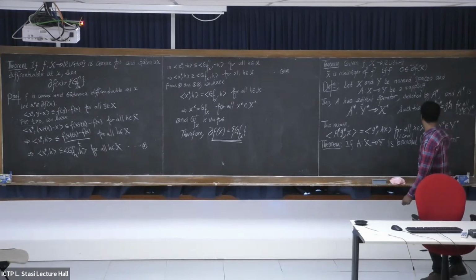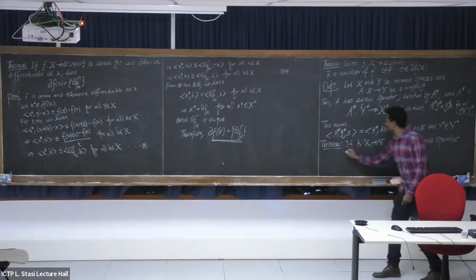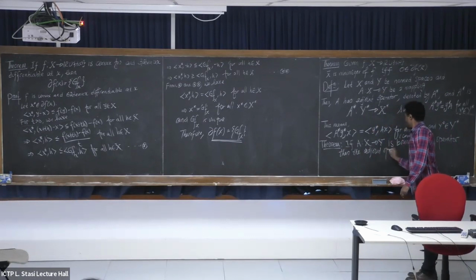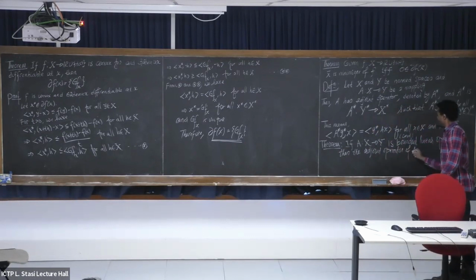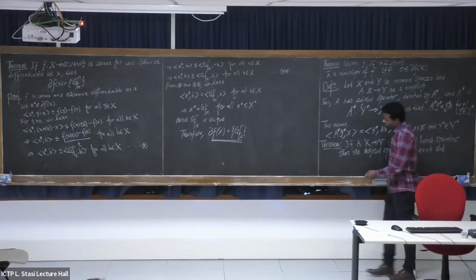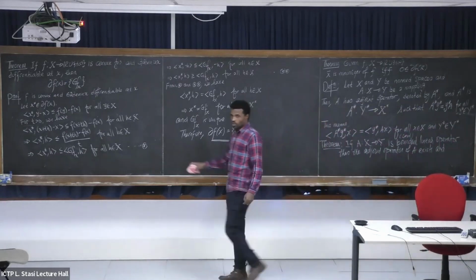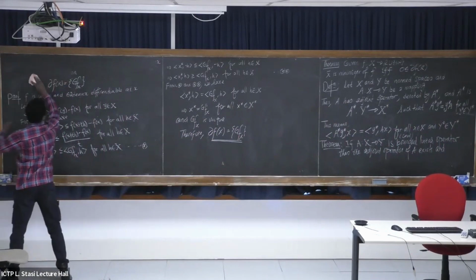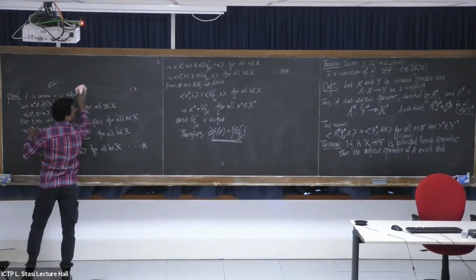If it is a bounded linear operator, then the adjoint operator exists. And what is a very beautiful property of the adjoint operator? The adjoint operator of A exists.